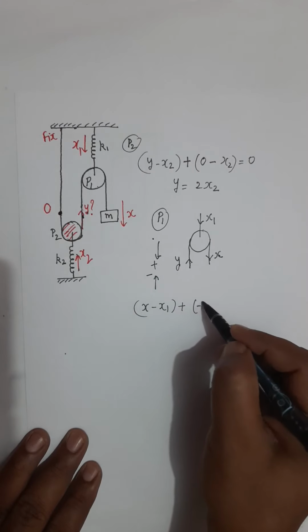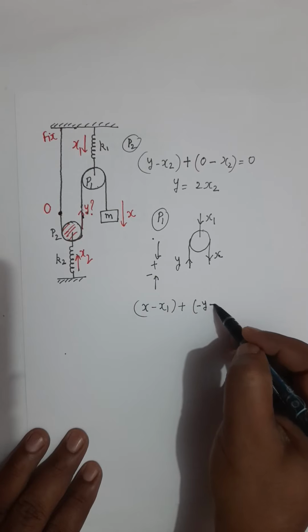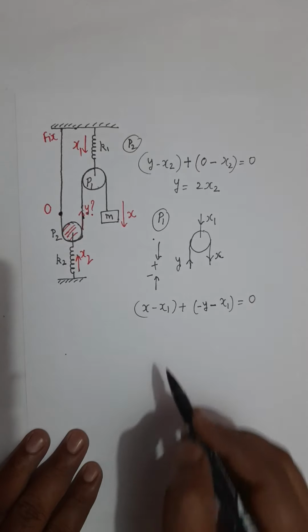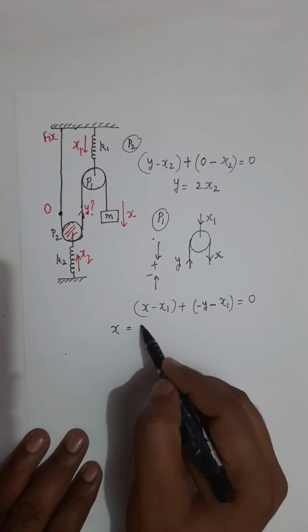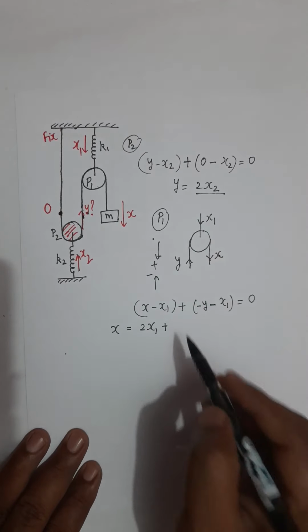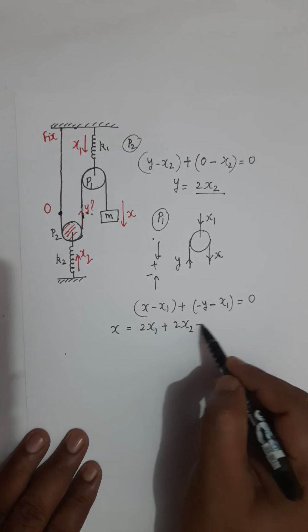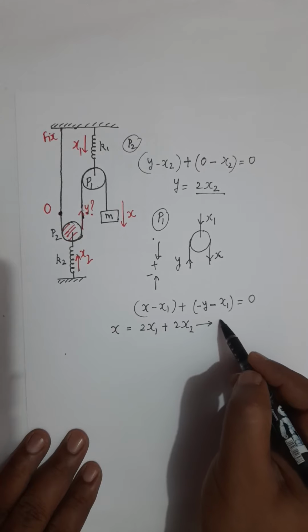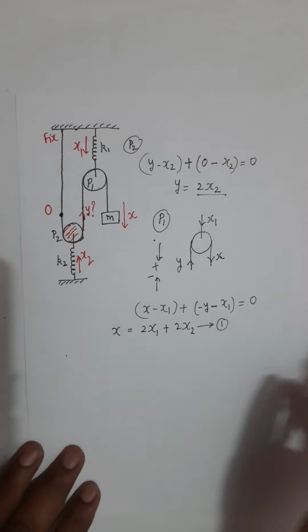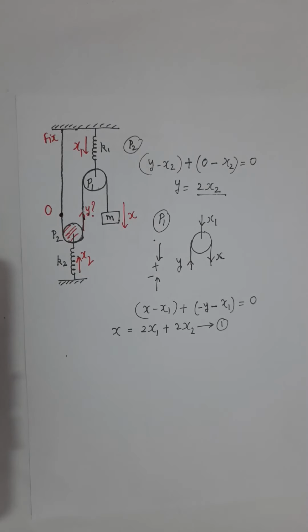Sign of this y is negative, so it is minus y minus this x1. You will put it equals to 0 now, and you get x equals 2x1 plus y, where y will be 2x2. So that's the constraint equation for this question. Another equations for the question, you can write down related to the force.